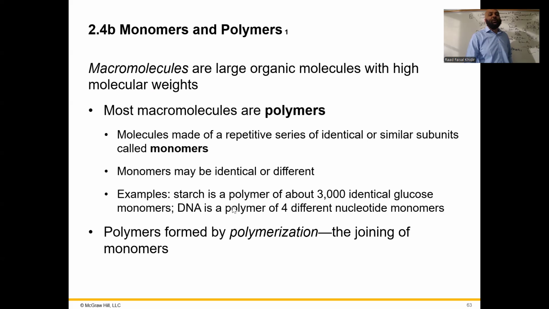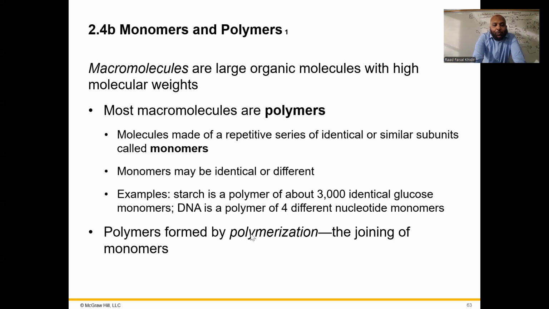So examples: starch is a polymer of about 3,000 identical glucose monomers. So starch is like a lot of glucoses attached together, like a train. You know, train cars attached together? Okay. So DNA is a polymer of 4 different nucleotide monomers.